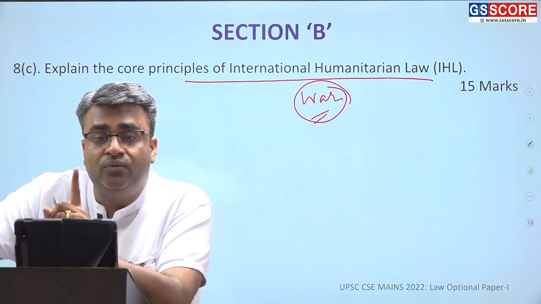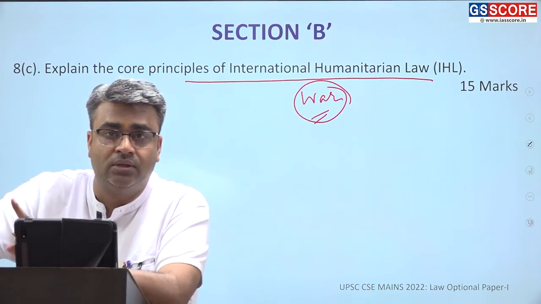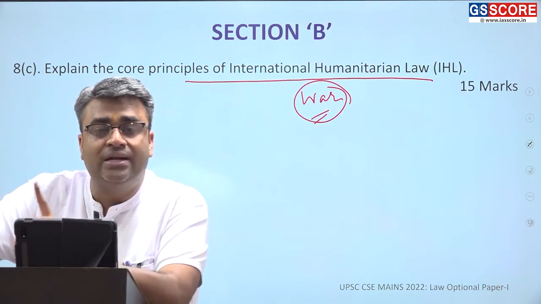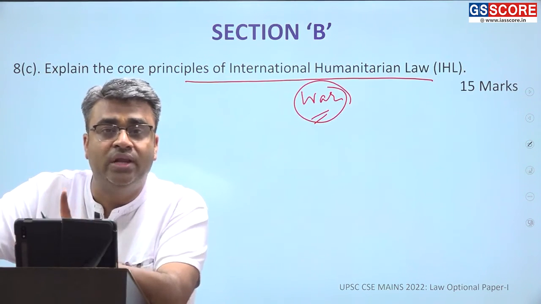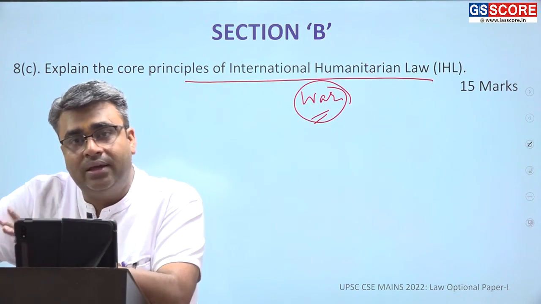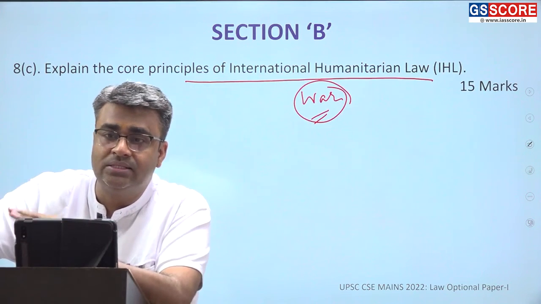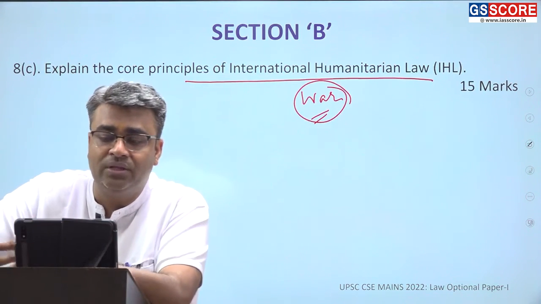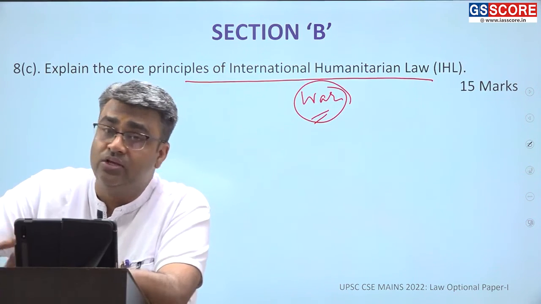The distinction between civilians and combatants. This principle simply provides that you cannot kill any civilian during the time of war. Only the combatant may be targeted, and when the combatant is not having a weapon with him, when he is unarmed, he should not be killed.